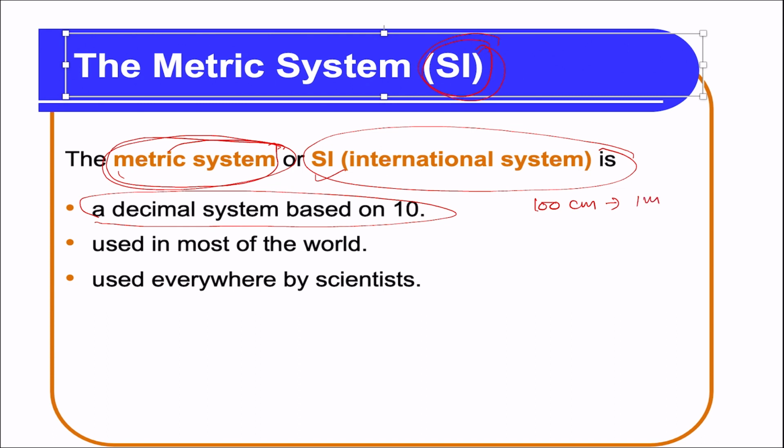And if I convert 1 centimeter into meter, it would be 0.01 meter. So it is all based on 10. I already told you that the SI system is used in most of the world, and it is used everywhere by scientists.